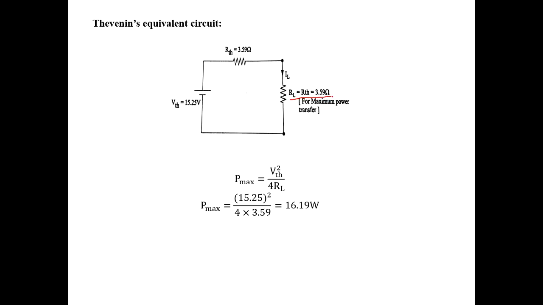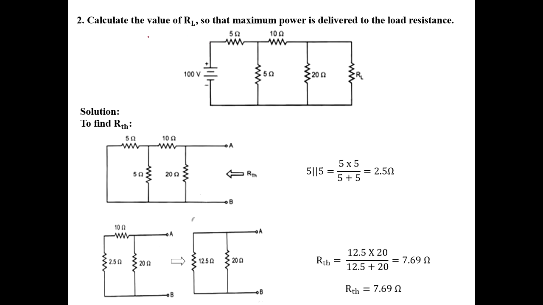P max, the maximum power transferred to the load, is equal to VThevenin square divided by 4 into RL. Just substitute the values and we got the answer 16.19 watts.